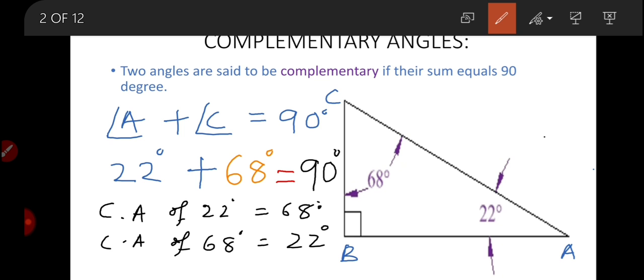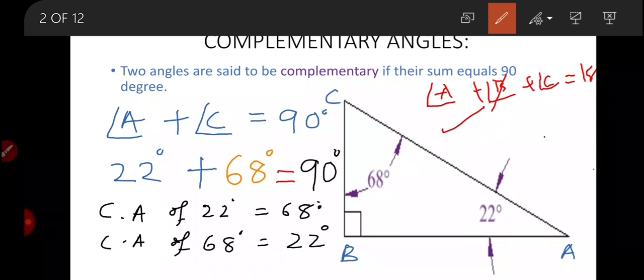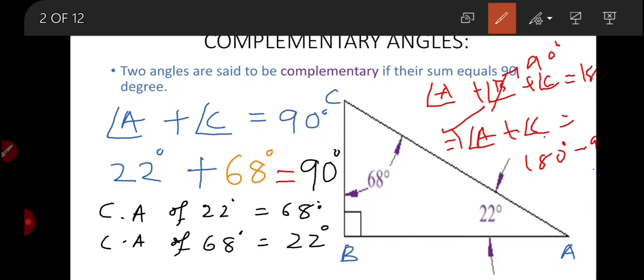In right triangle ABC, angle B is equal to 90 degrees. So, angle A plus angle C is equal to 90 degrees, because you know the angle sum property, that is angle A plus angle B plus angle C equals 180 degrees. Here angle B is 90 degrees, so A plus C equals 180 degrees minus 90 degrees, that is equal to 90 degrees.